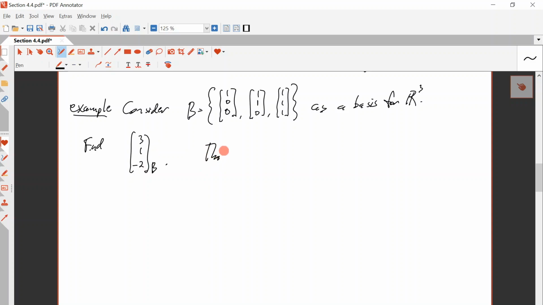Right, so that is, find x1, x2, x3 such that, so let's write out that whole thing.